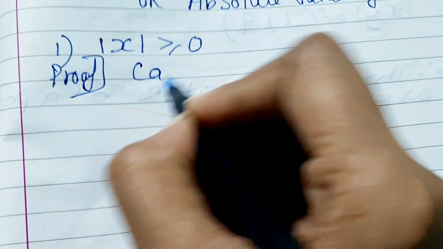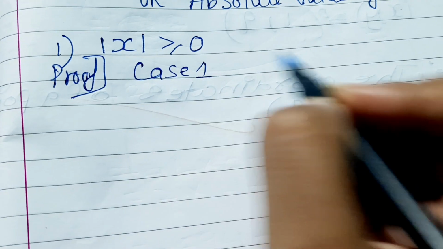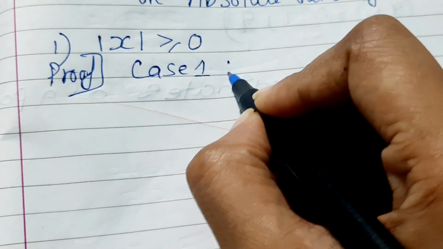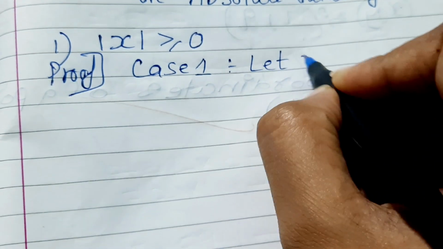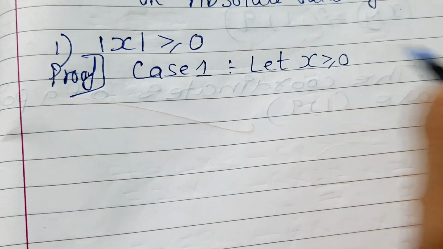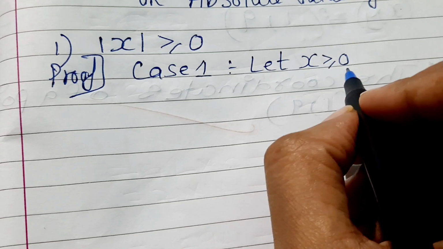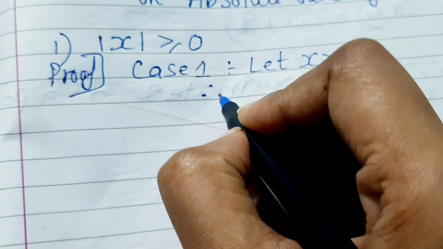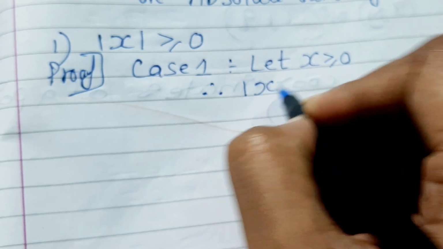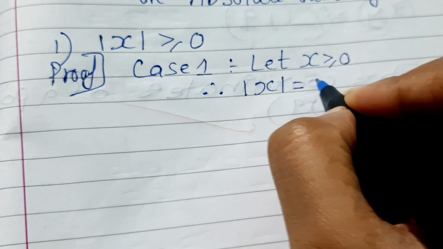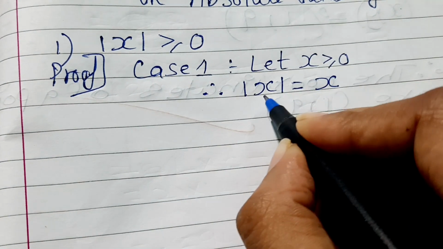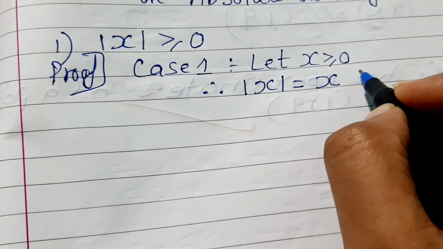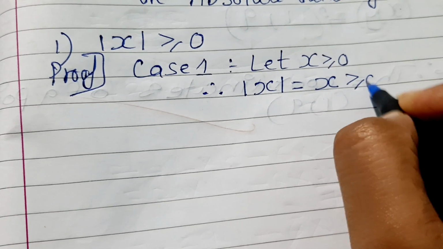First I will take case 1. For case 1, let x be greater than or equal to 0. Here x will be positive. Therefore, modulus of x is equal to x, and this x is greater than or equal to 0.